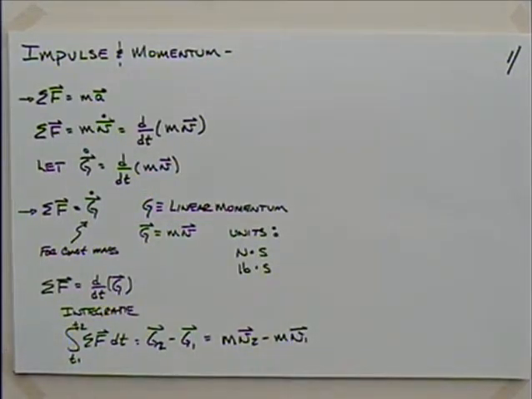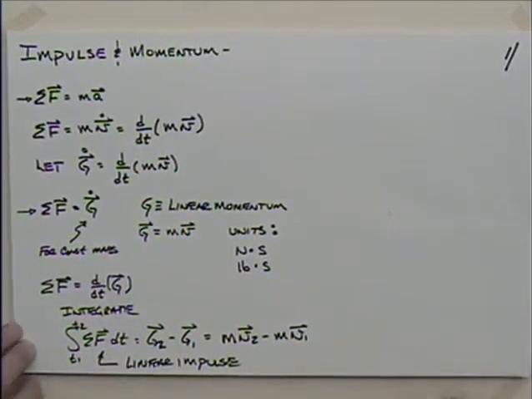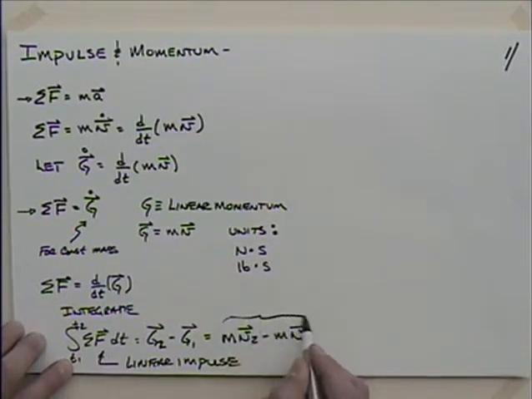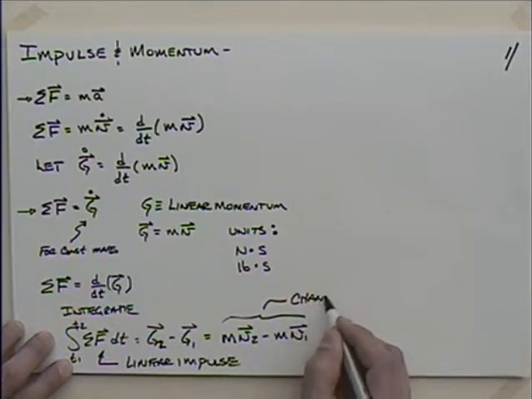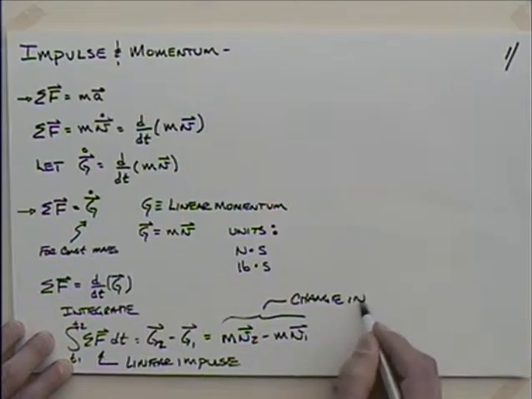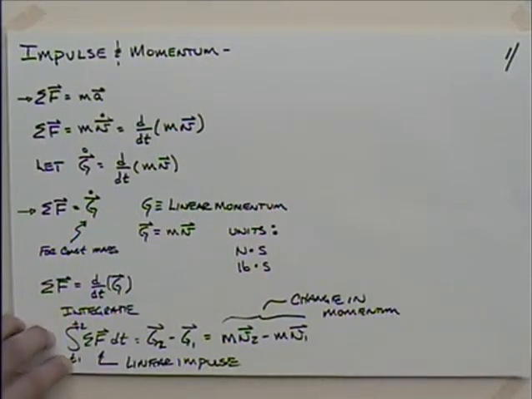Okay. And these things take on certain identities. We could say that this is known as the linear impulse. And of course, this is the change in momentum. So we relate the linear impulse to the change in momentum.